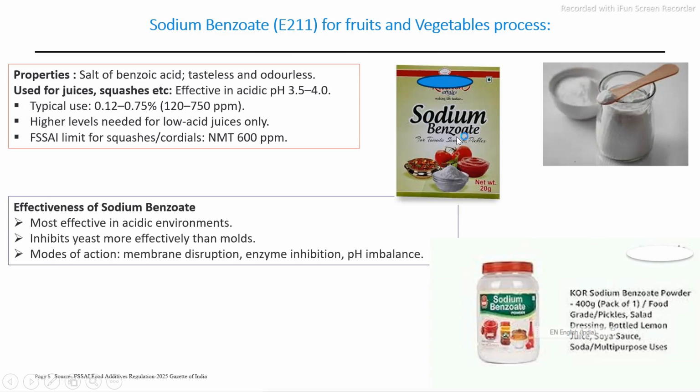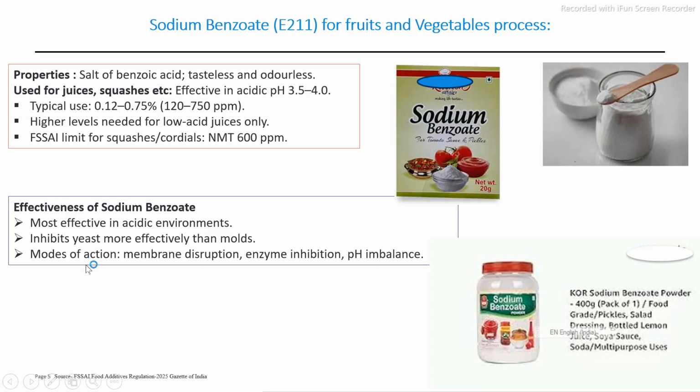You can see examples of sodium benzoate powders. The main properties are that it is tasteless, odorless, and more effective in acidic products. Typical usage ranges from 0.012 to 0.075 percent, that means 120 to 750 ppm, depending on the type of product as per the regulations. We will discuss this in detail in the next slide.